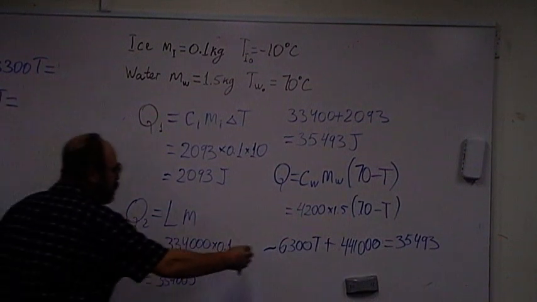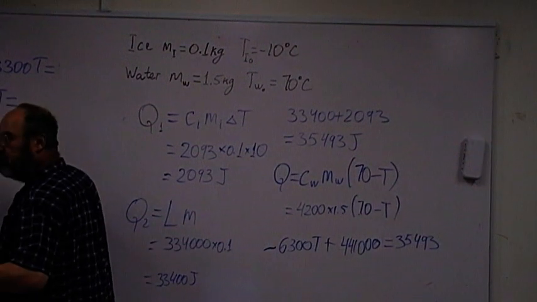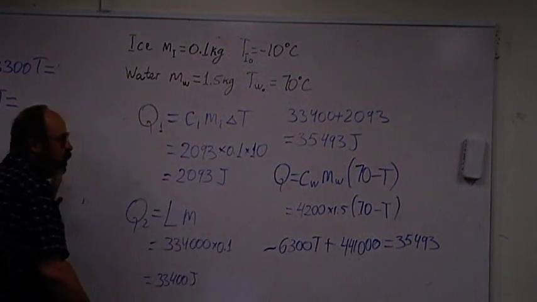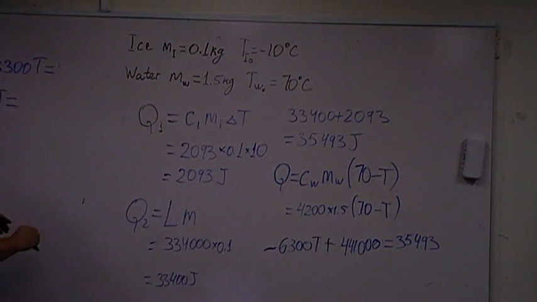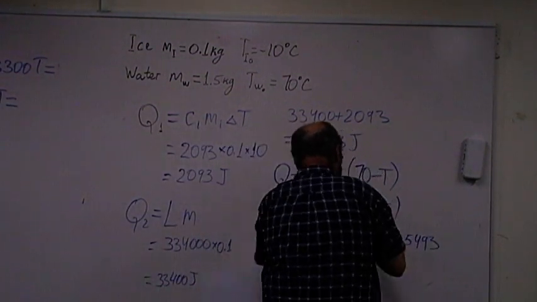6,300 T equals, you ready to tell the number? 441 minus 35,493. Isn't it flipped because there's a negative sign next to the T? I move this to this side and this to this side.